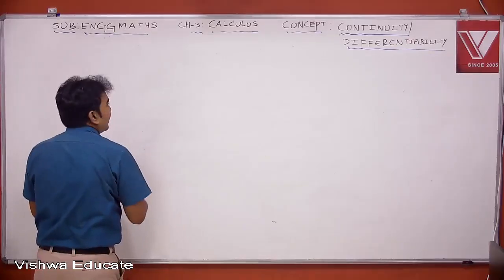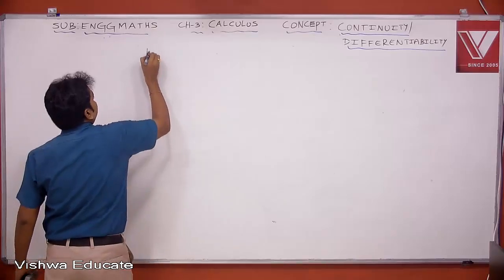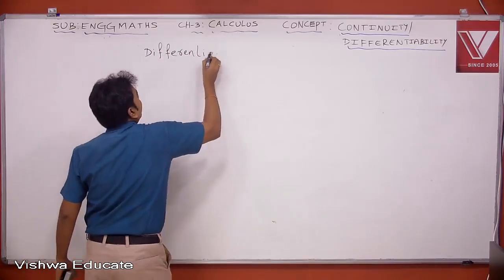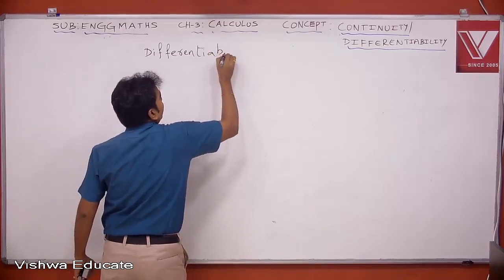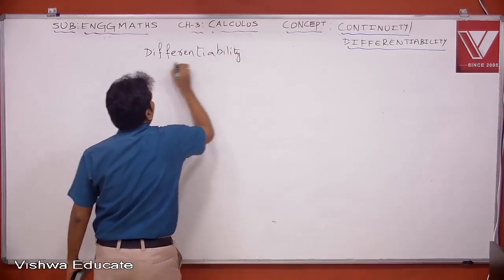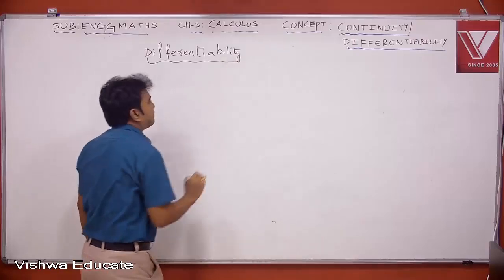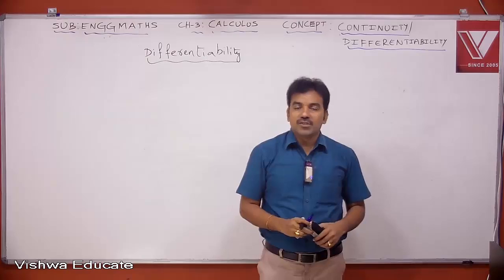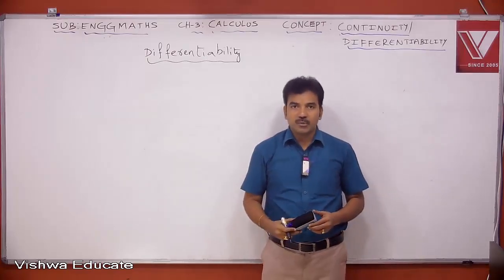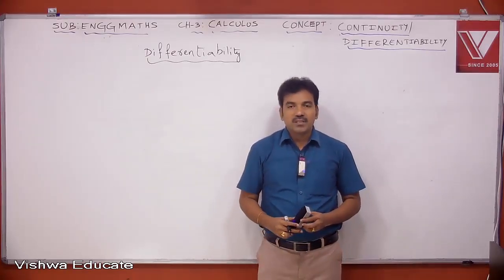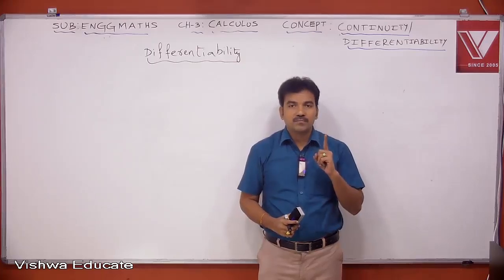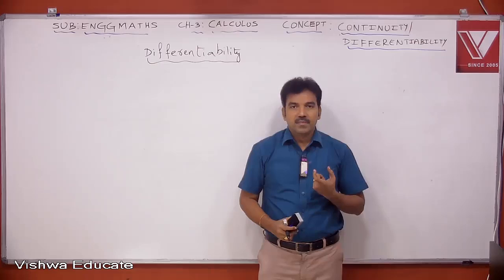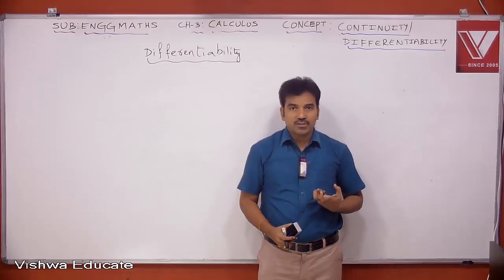Next, we discuss the concept of differentiability. Now, before going to differentiability, let me discuss what we do in the case of differentiability. Previously, we have seen continuity of a function at a single point, then continuity of a function in a closed interval a comma b, and then properties of continuous functions.